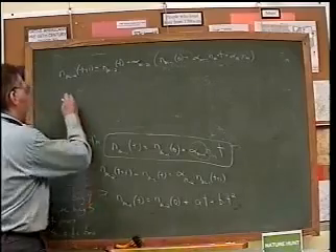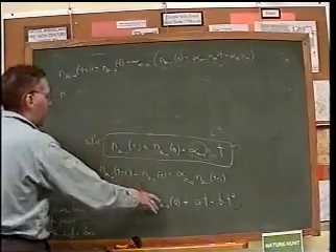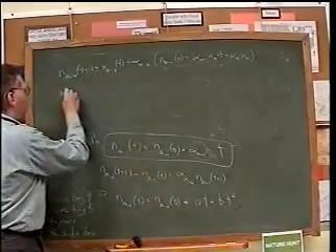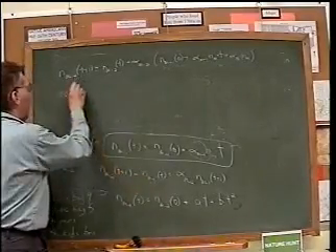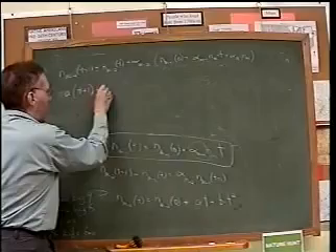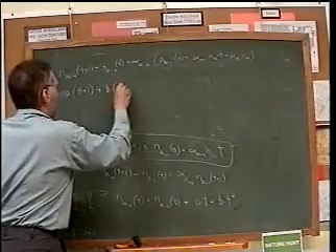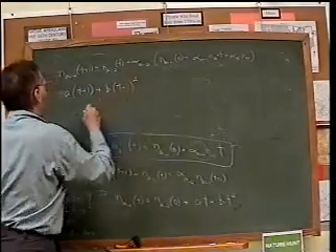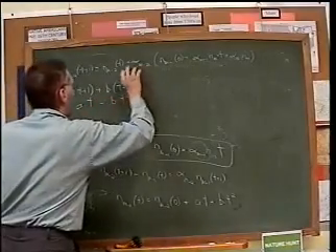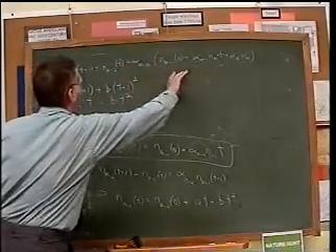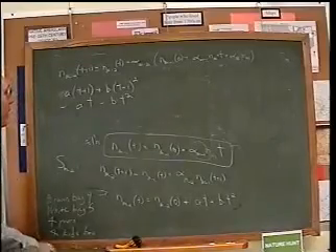What you find is, I'm going to plug this expression in here, a times t plus 1 plus b times t plus 1 squared minus a times t minus b times t squared has to equal all that on the right.